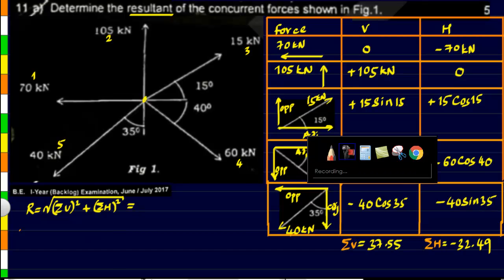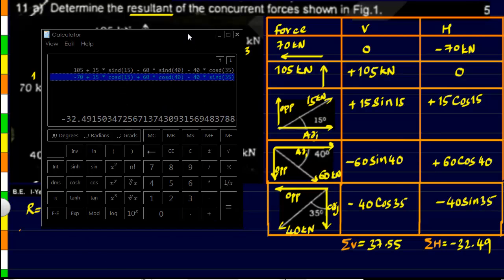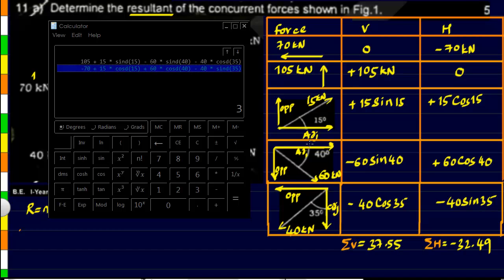So let us do the calculation. That's 37.55 square plus 32.49 square. Here you can see that I am ignoring the negative sign, because the square will anyway remove the negative sign.